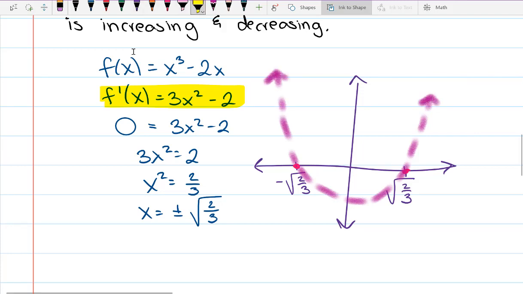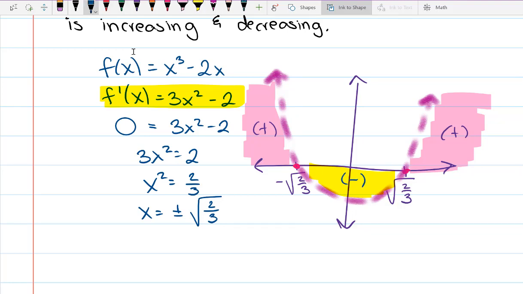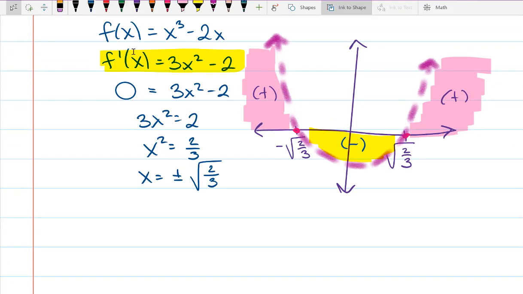And so from negative infinity to negative radical 2 divided by 3, and from radical 2 divided by 3 to infinity, the derivative is positive. And then in between negative radical 2 over 3 and radical 2 over 3, we get a negative. This tells me that the derivative is negative on that interval and positive on the intervals that are shown.